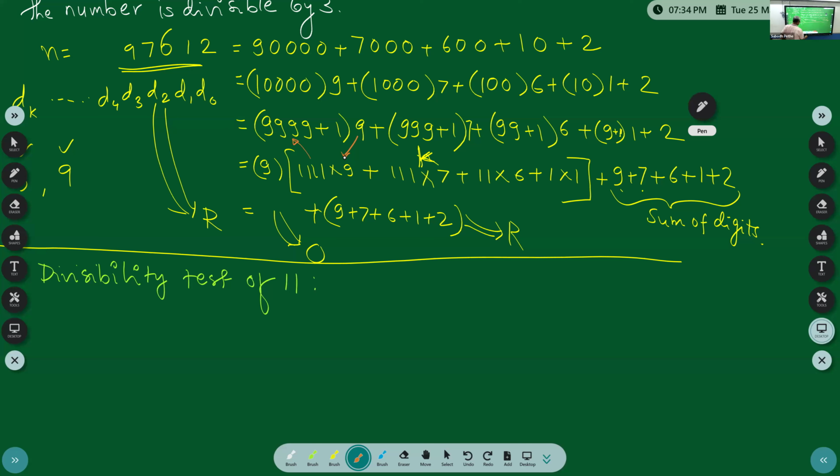One into nine was taken at the end. Okay, if he has got doubt, then I will add one more row.